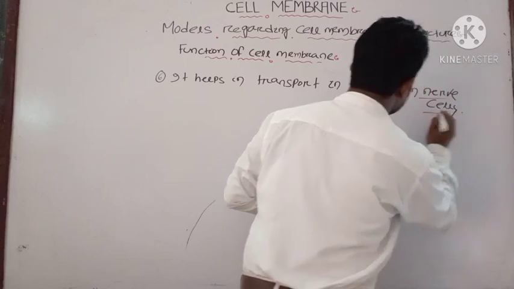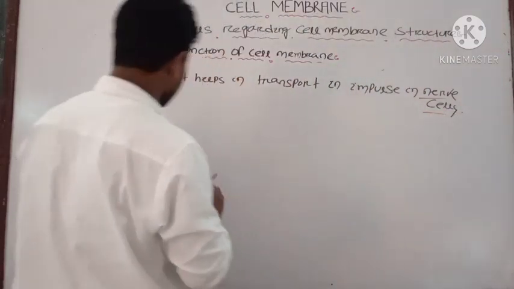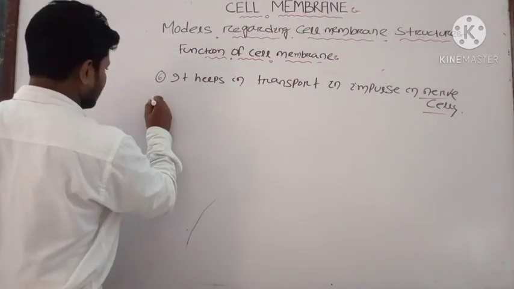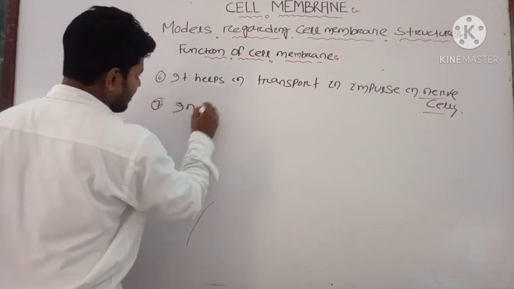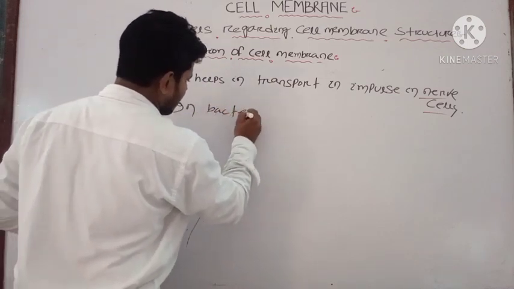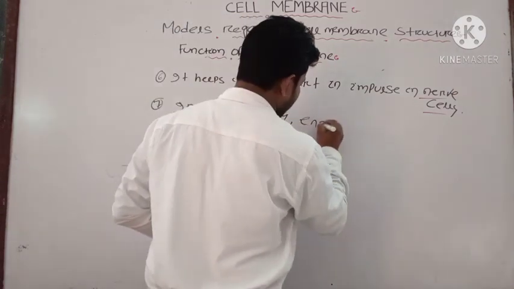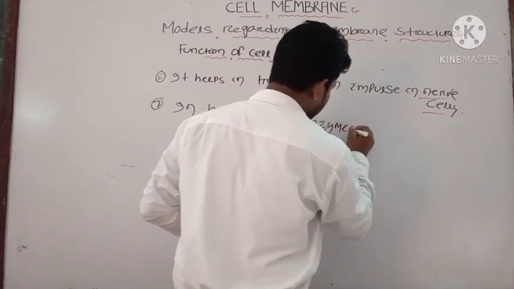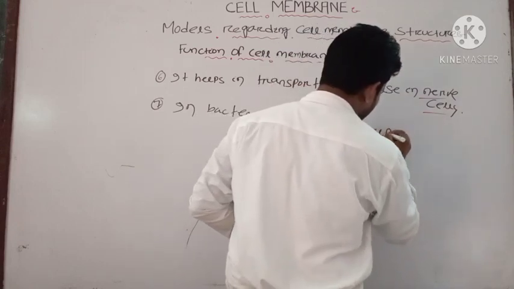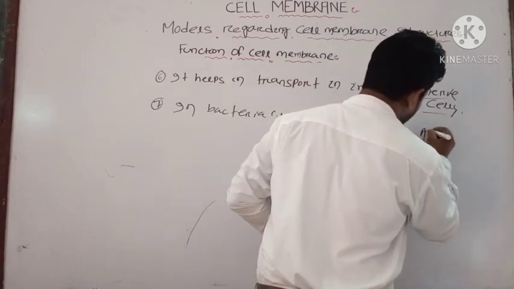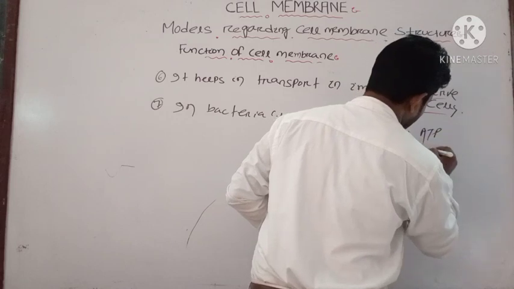We have nerve cells in which impulses are transported through the cell membrane. The next point is, in bacteria cell membrane, enzymes are present which help in ATP synthesis. Enzymes help in ATP synthesis.